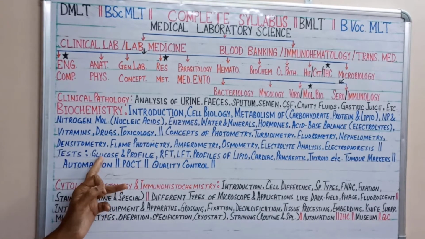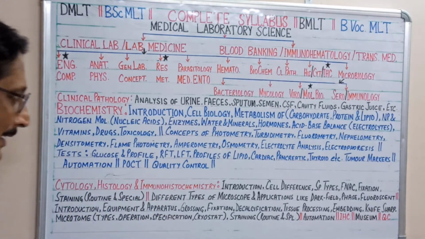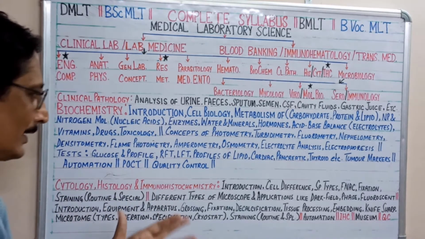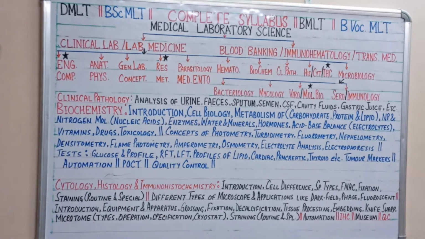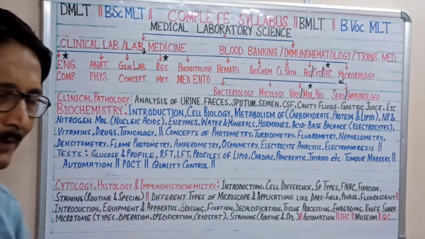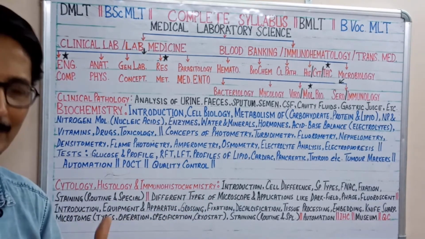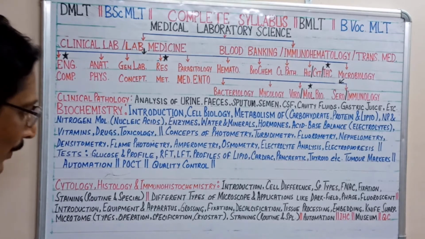So these tests as a whole are called the glucose profile test. Profile means a group of tests. In different terms we use these names. Like RFT, an abbreviation for renal function test. That is how the kidney of a patient is working.